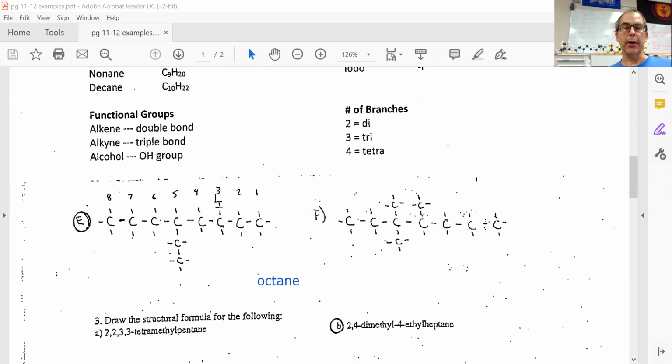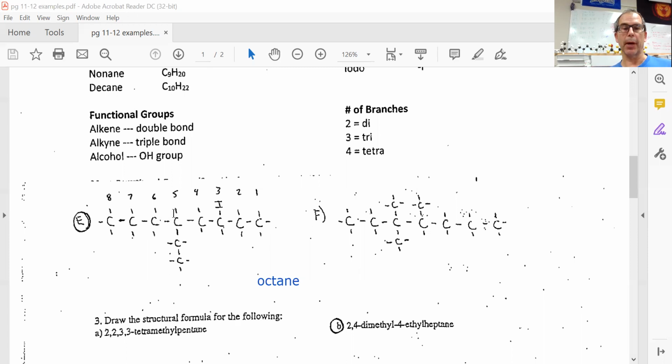Now we're going to have some prefixes to talk about the 2 branches that we have. So we have a branch here on number 3, and we have a 2 carbon branch going in the same direction right here. Now notice I'm supposed to number carbons. If there's no double or triple bonds, I number carbons at the end nearest the closest branch. And notice if I started from left to right, or it might look backwards as I do this as a screen image, I can't remember how that's going to look, but this is going to be 1, 2, 3, 4.